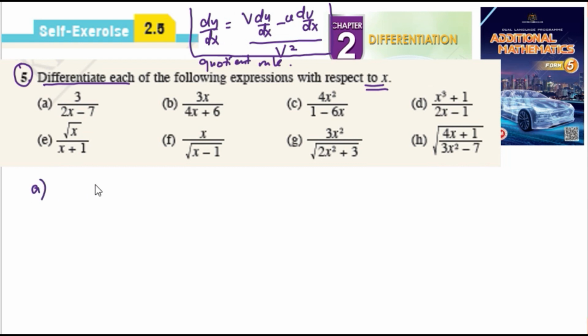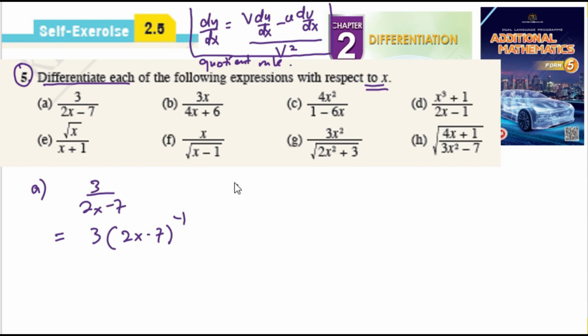So we have 3 over 2x minus 7. Usually we do this when we have an expression up and below. Actually for the first one, we can write it as 3 times (2x minus 7) to the power of negative 1. You can bring it up, right?